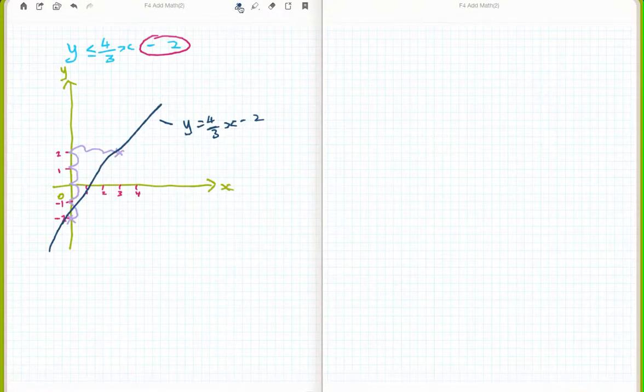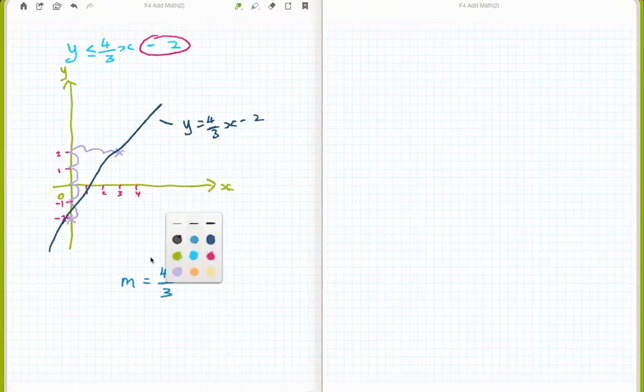Okay, so let me summarize what I have gone through. If my m just now is 4 over 3, this is my change of y, this is my change of x. Both are positive, and I know if I have a point already, all I need to do is to move y to the positive 4 value.